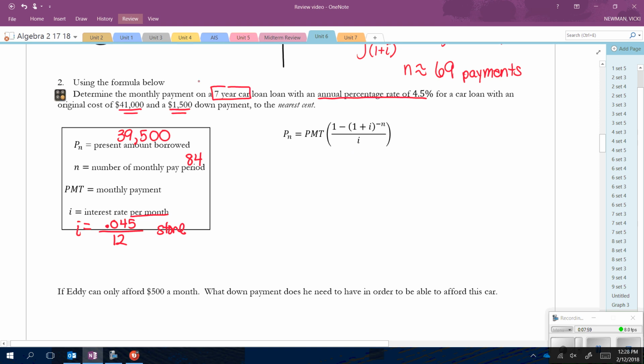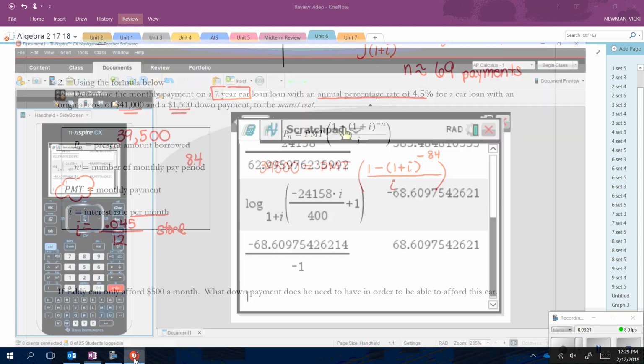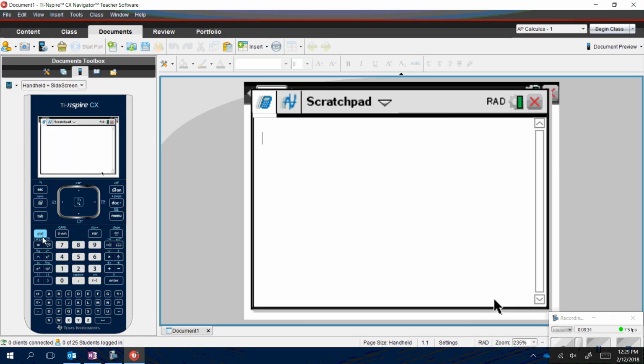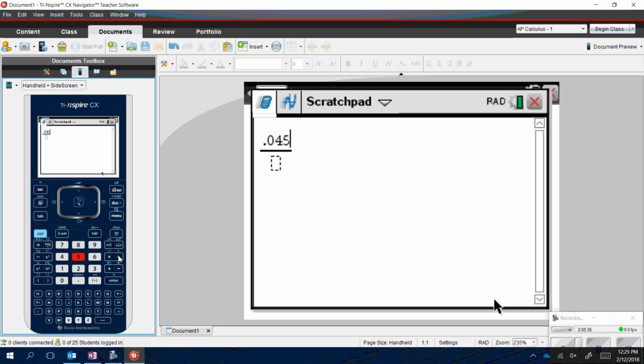Okay. So we're trying to figure out the monthly payment. We're trying to figure out PMT in this first part. So 39,500 is equal to the payment times 1 minus 1 plus I to the negative n, which we said was 84, divided by I. Okay, that's going to be an icky number, but I'm just going to divide it over anyway. So let's store my new I. Let me clear all this stuff out. 0.045 divided by 12 will give me a monthly interest rate.